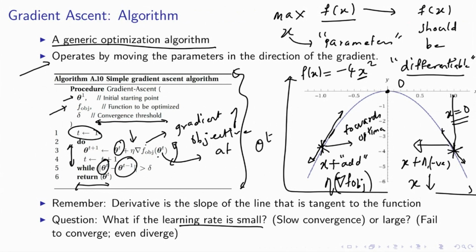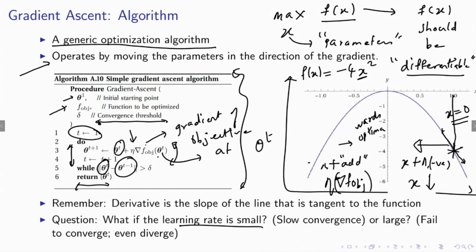If the learning rate is very small, you are going to take baby steps towards the optimal solution. If eta is very large, technically you can reach the optimal solution very quickly. Unfortunately, if eta is very large, the algorithm may fail to converge or even diverge.